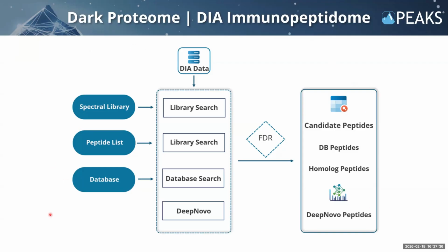This figure here is quite simplified, but the algorithm follows really the same logic as classical DIA in terms of step searches for improved FDR and increased coverage. Here you will be able to assign your spectral library and peptide list, and either of these will be reported as candidate peptides. Then we will have database peptides, and we also perform SPIDER to search for homolog peptides, and anything that does not match but still has a high ALC score will be reported as a de novo peptide.